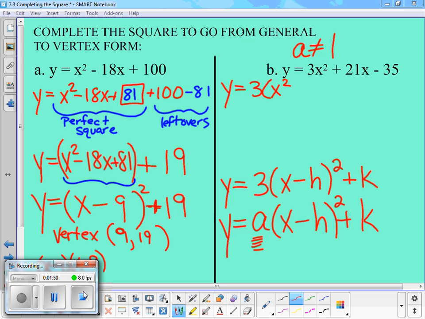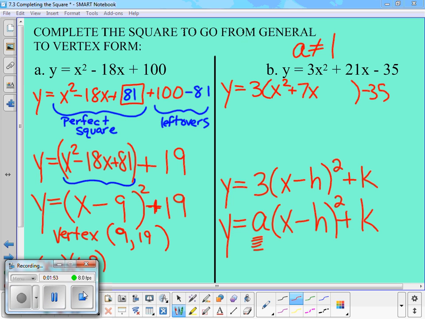So what do you get in here? 7x. Real quick, if I redistributed this, what would that be? 3x squared. What would this be? 21x. Now the minus 35 on the end is kind of scared by everything that's happening over here, so it actually gets out of there.